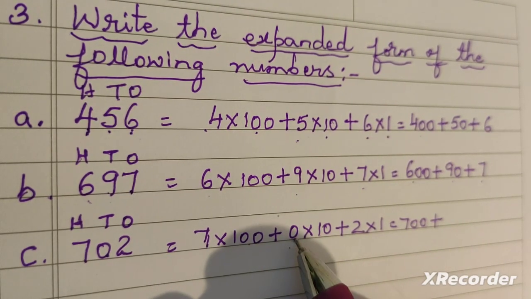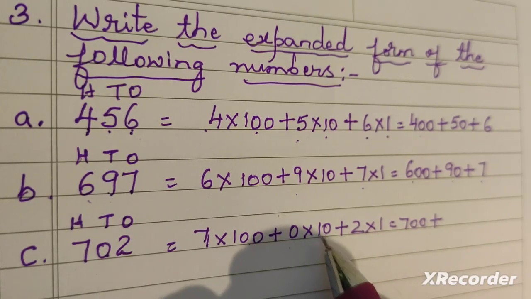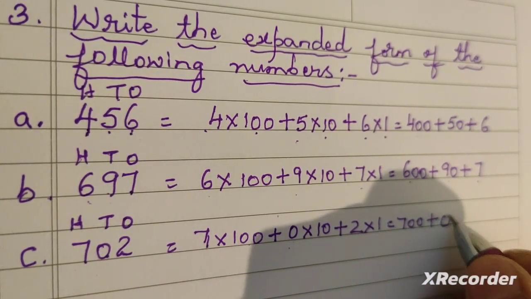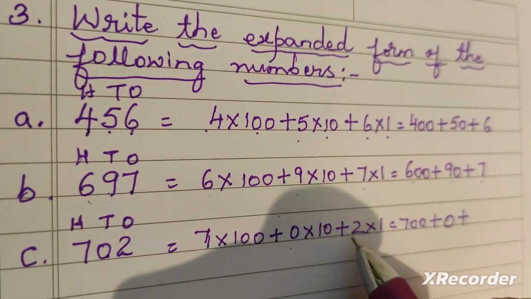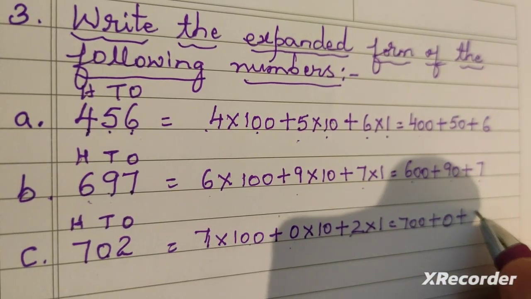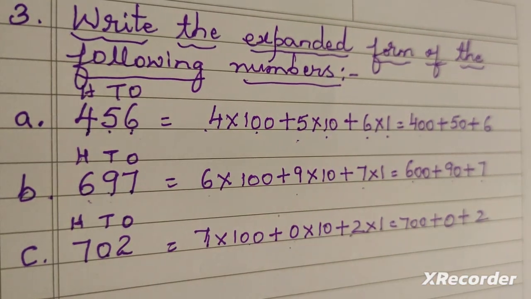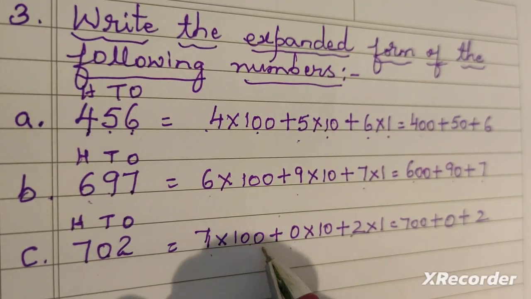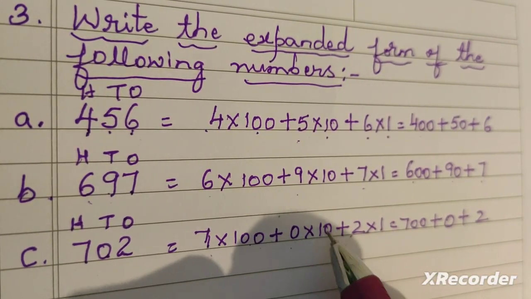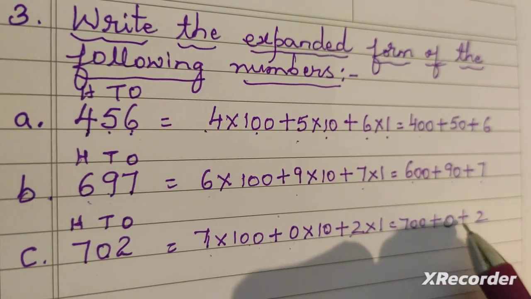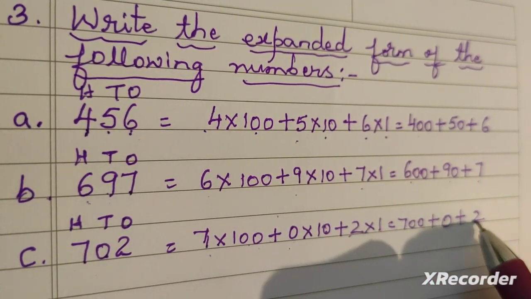If 0 is multiplied with any number, the answer is 0. Plus 2 into 1, 2. Now you got the number 700. 700 plus 0 into 10 is 0 plus 2 ones are 2.